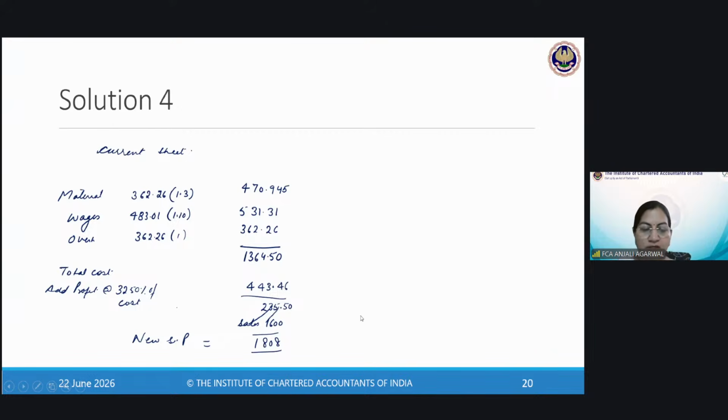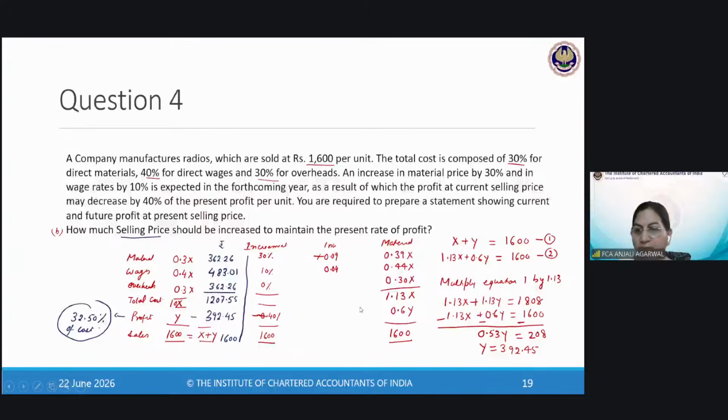This I have just shown to verify whether at the existing sales price the profit has reduced to 60% of the original, which is verified. That means all calculations are correct. And now you find out the new selling price, which you would also see is the same answer as in this equation.